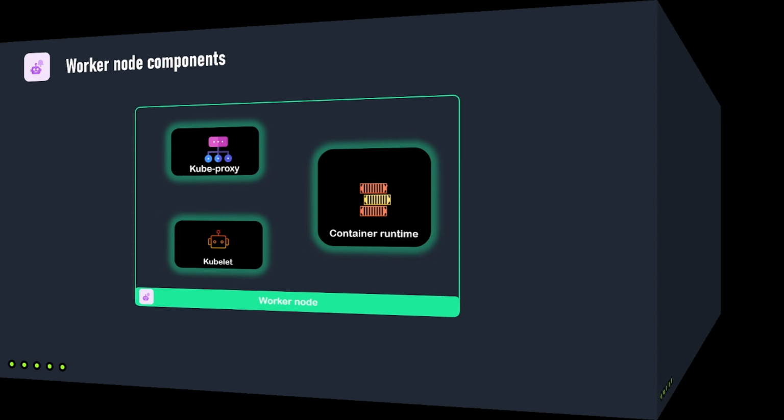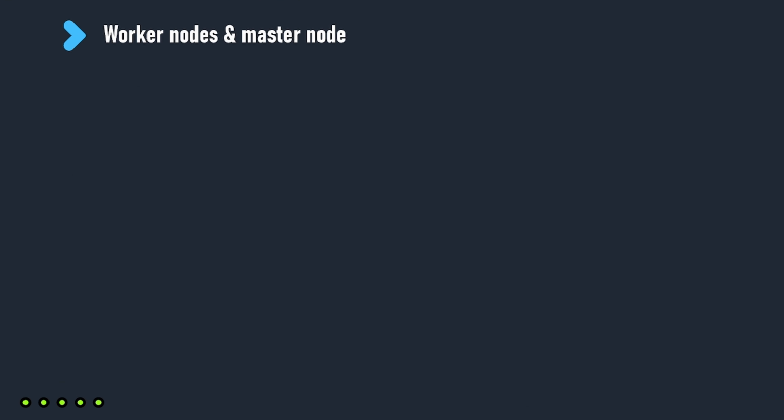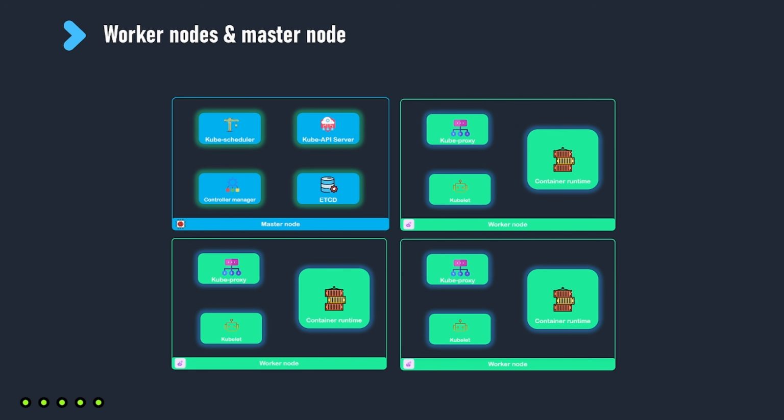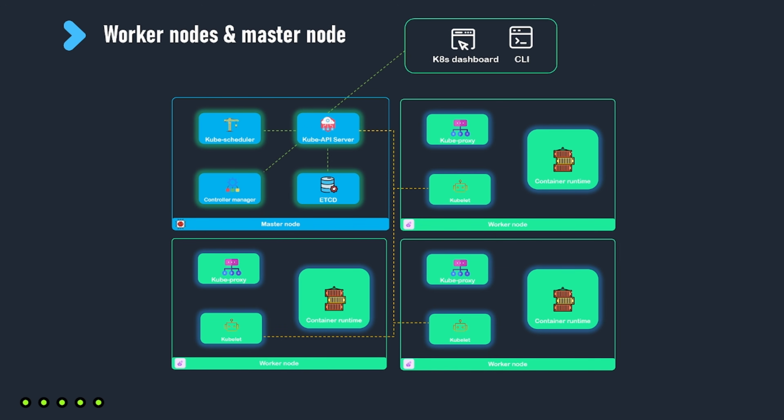So whenever we want to perform an action on the cluster, for example, to create a pod, we talk to the kube API server through a Kubernetes client like the Kubernetes dashboard or the kubectl command line tool, and the kube API server will talk to the other components of the master node to decide where this pod can be deployed, and after making a decision, it sends an order to the kubelet of the appropriate worker node to create a pod.